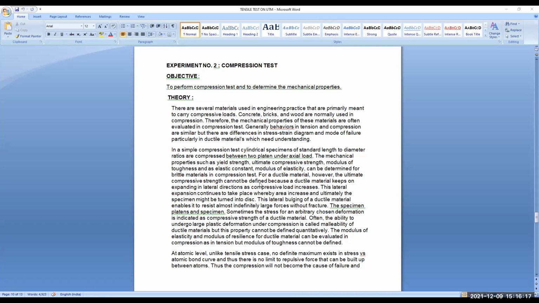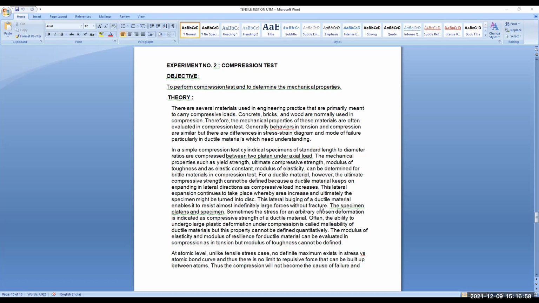For ductile metal, however, the ultimate compressive strength cannot be defined, because ductile metal generally keeps on extending in the lateral direction as compressive stress increases. This lateral expansion continues to take place, and ultimately the specimen must turn into a disc.